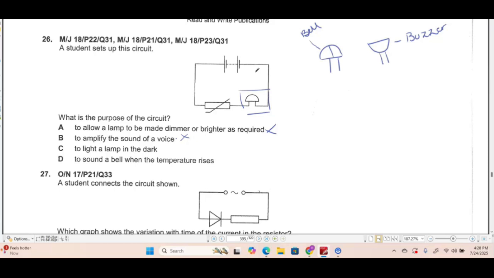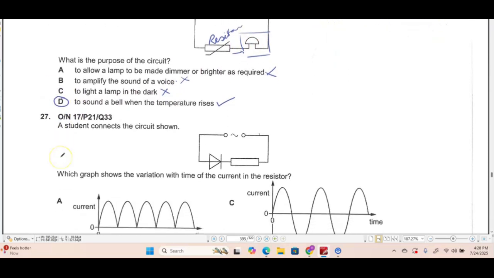To light a lamp in the dark: there is no lamp in the circuit. To sound a bell when the temperature rises. Yes, this is our correct option. This is a thermistor. So when the temperature increases, the resistance is going to decrease, more current is going to flow, and the bell is going to sound. So D is our correct option.